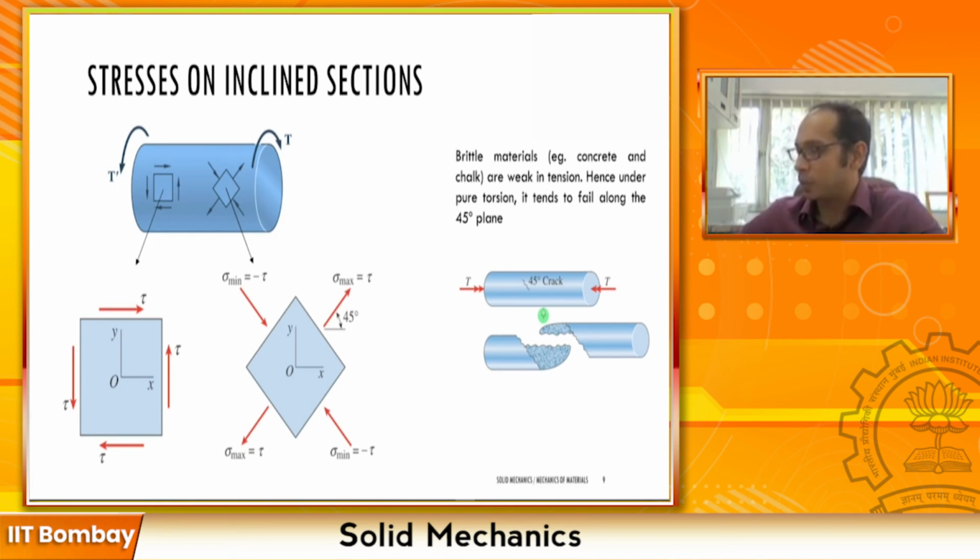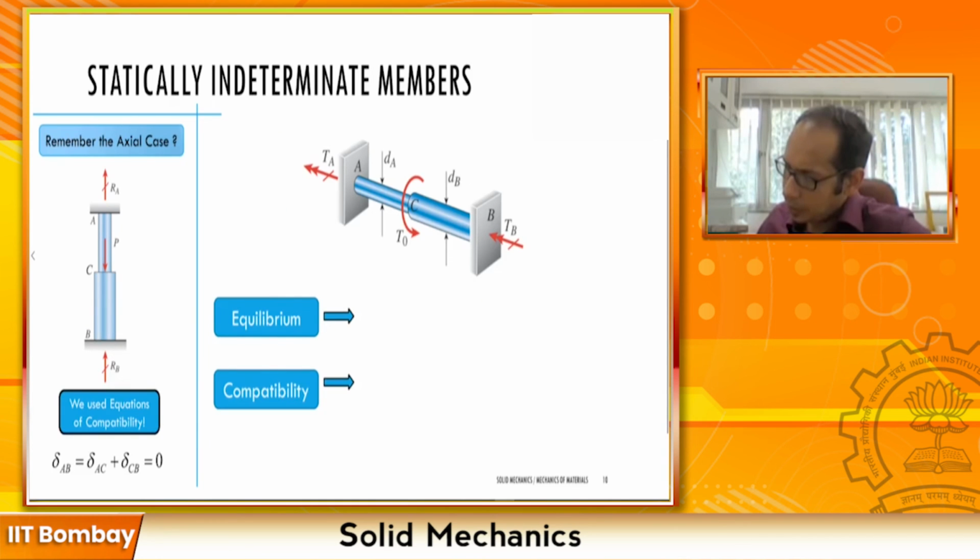Okay. So the last thing on this topic: we have looked at the non-uniform but deterministic case. Then we have also looked at the stresses at the inclined sections. The last case, which is over here, is the statically indeterminate case.